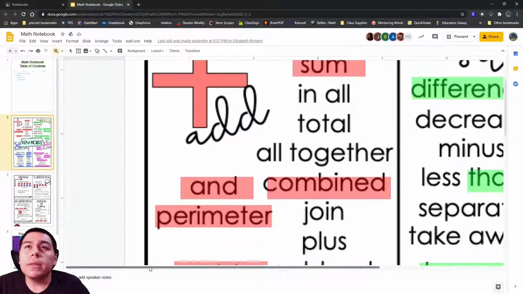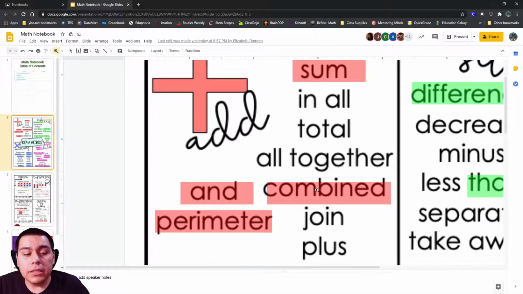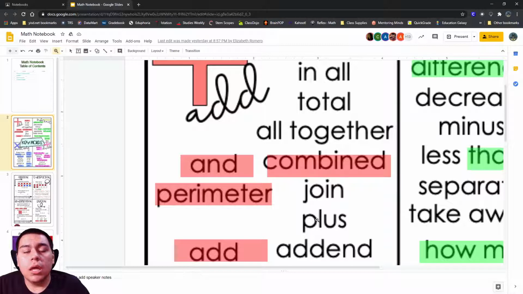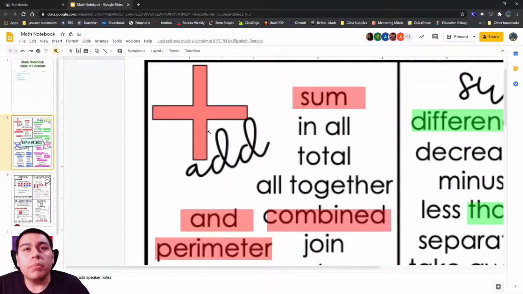So if you're reading a math problem and you see words like sum, in all, total, altogether, combined, and, perimeter, join, plus, add, or addend, they're giving you a big clue that what you're supposed to do in that problem is add some numbers together.